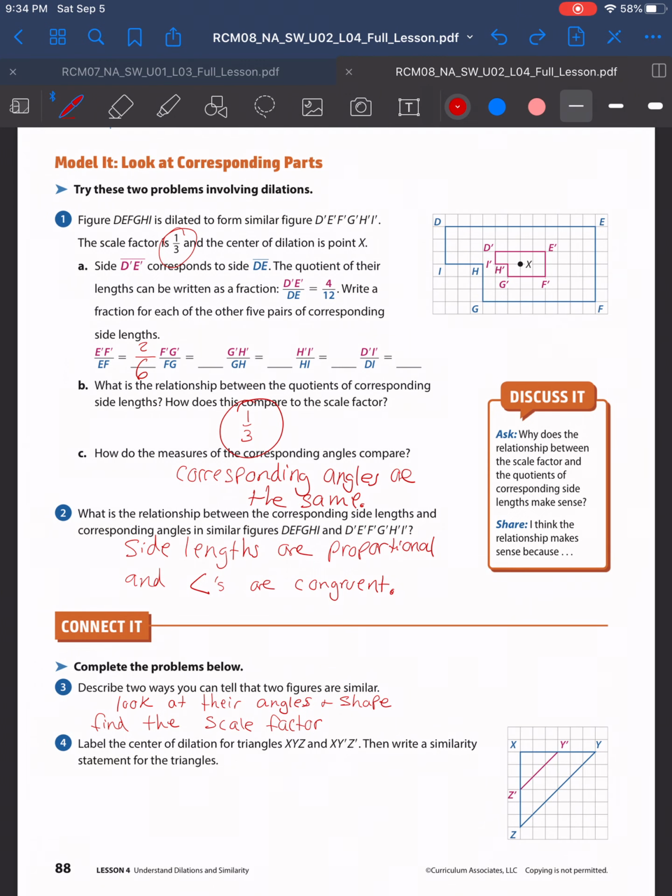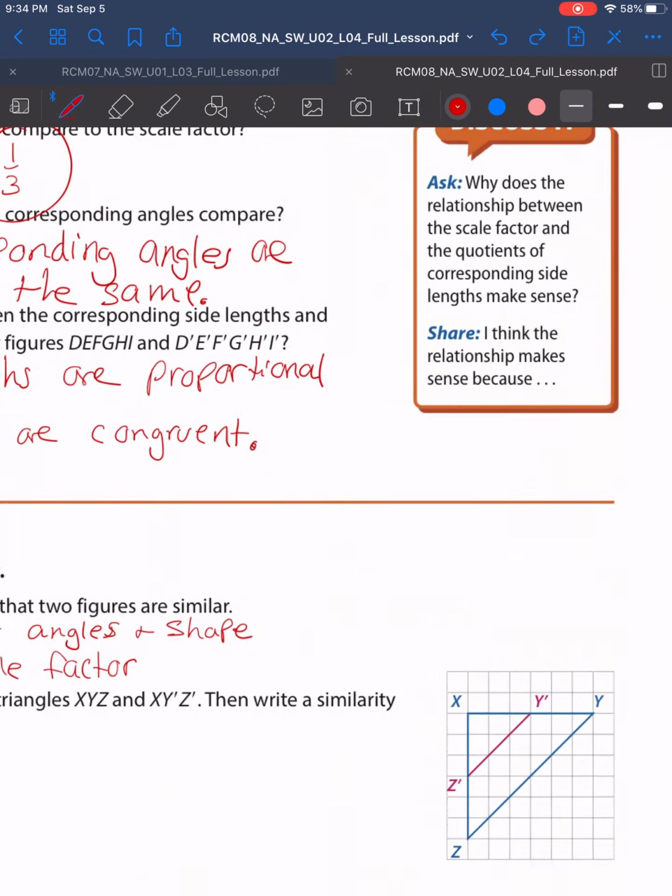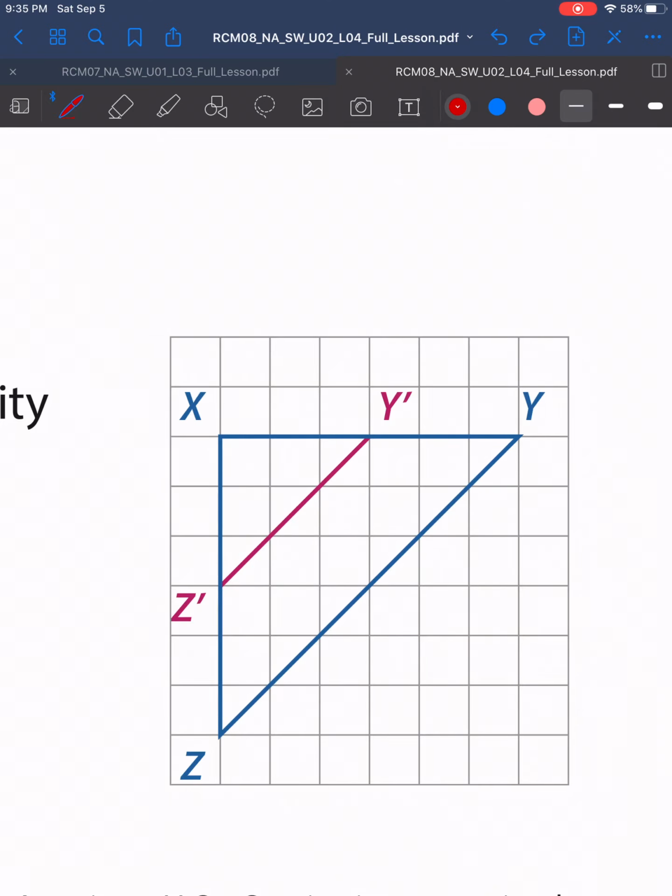Label the center of dilation for triangles XYZ and XYZ prime. Then write a similarity statement for the triangles. Okay, can I show you guys how you would find the center of dilation? Remember how the center of dilation can go through all the points perfectly in a straight line? Well, if I want to go through this point and this point, I already have that straight line, right? And if I want to go through this point and this point, I already have that straight line. So where do all my lines end up exactly?